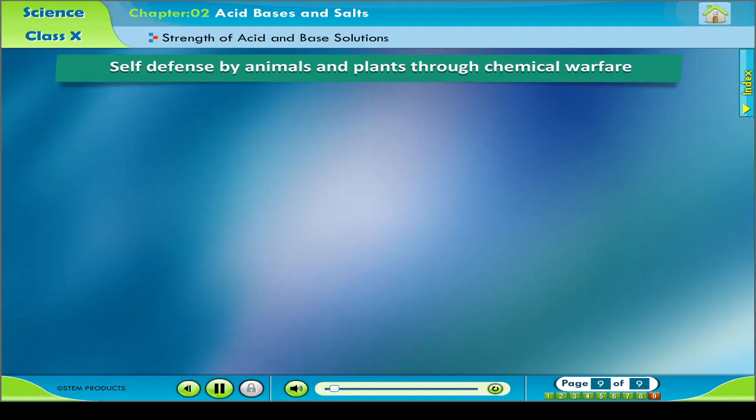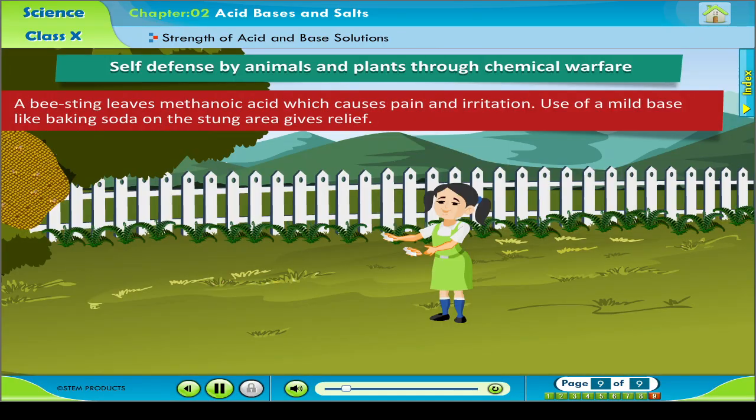Self-defense by animals and plants through chemical warfare. A bee sting leaves methanoic acid, which causes pain and irritation. Use of a mild base like baking soda on the stung area gives relief.